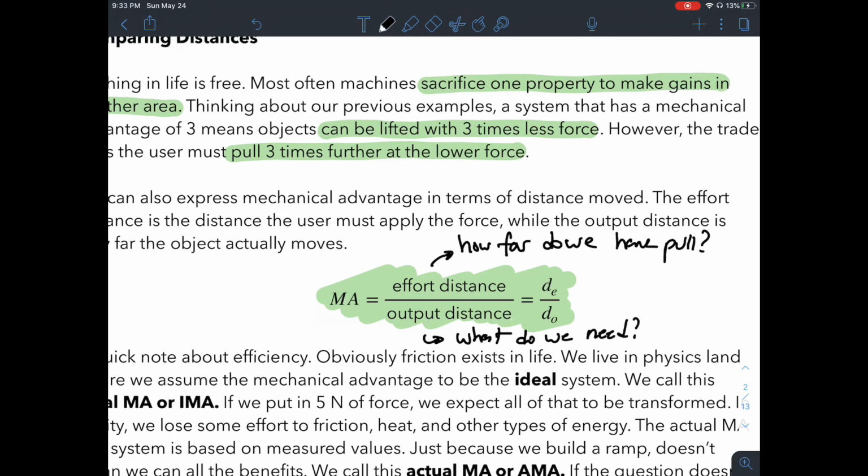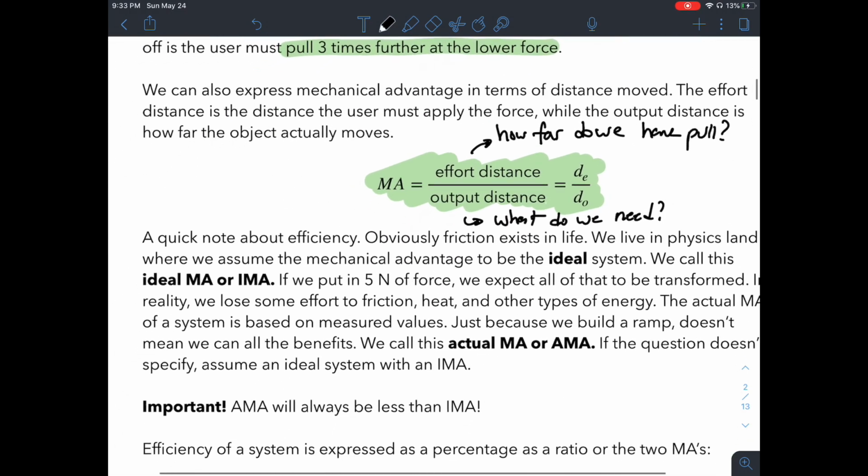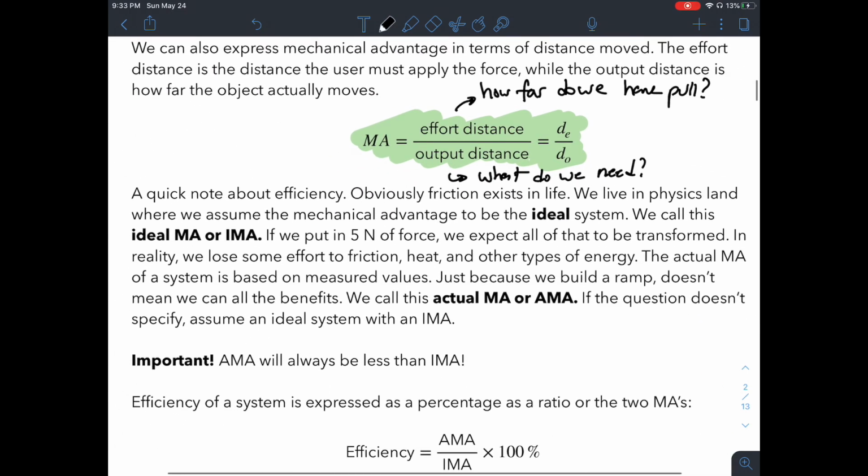Like in the last example, let's say we need 1 meter of distance moved with a mechanical advantage of 3. That means we need to pull it 3. Our effort has to be 3 meters. But everything else is exactly the same.